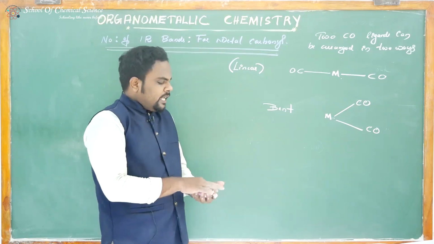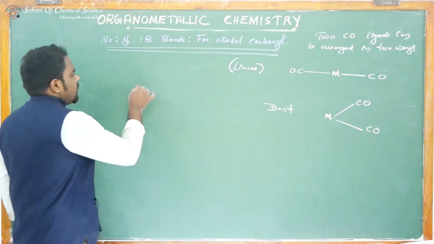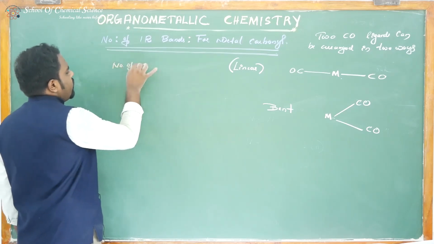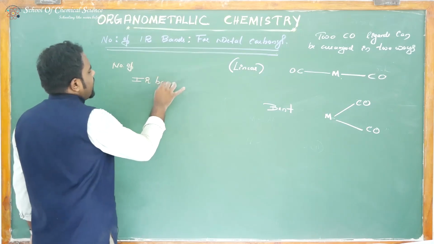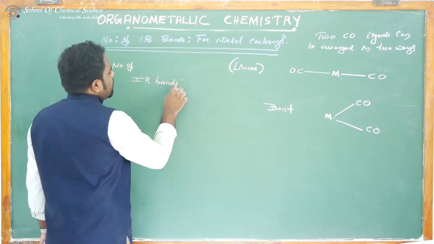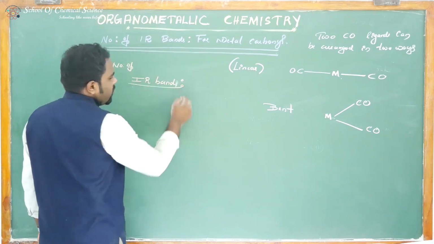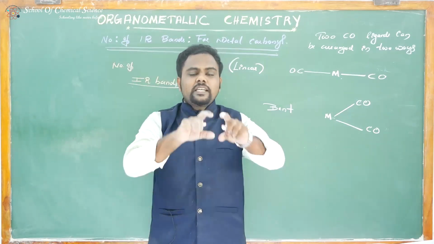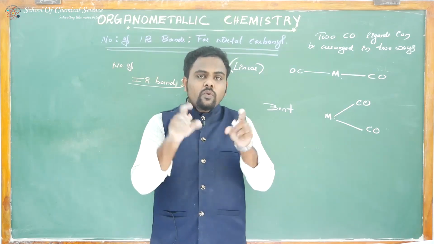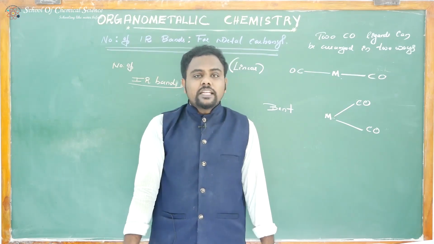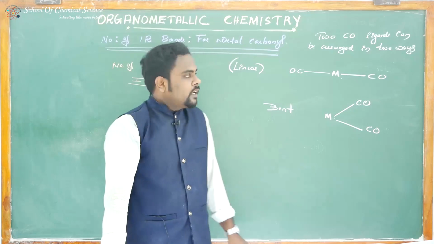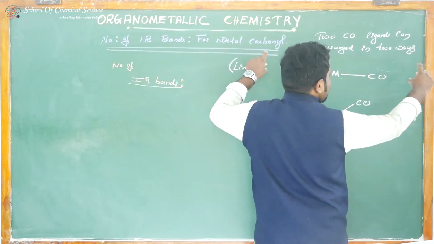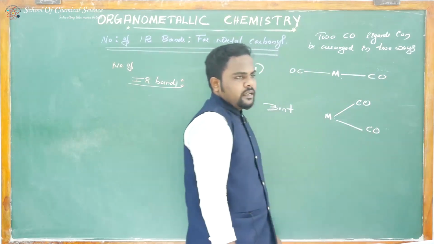Okay. Then the number of IR bands. You know the basic principle of IR spectroscopy, which is due to the change in dipole moment. If a molecule has a change in dipole moment, then only is it IR active. So here in this molecule, symmetric stretching is there, asymmetric stretching is there.